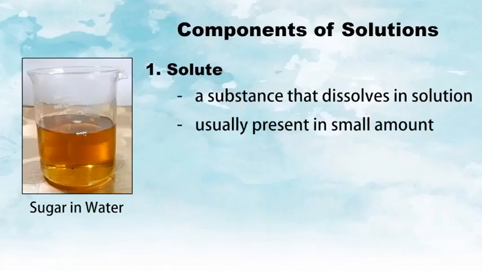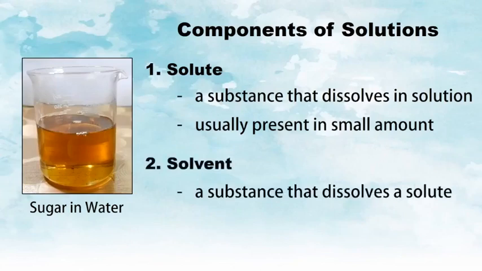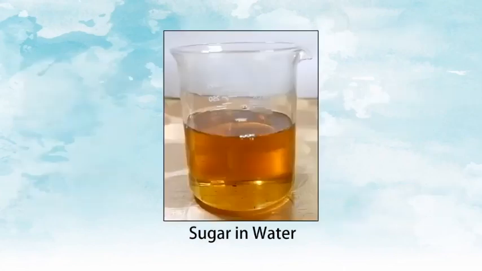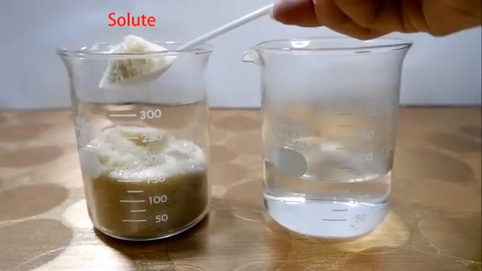Now, let's talk about the solvent. Solvent is a substance that dissolves a solute. It is usually present in greater amount. The solvent in this solution is water because water dissolves sugar and is usually present in greater amounts. Between solute and solvent, we will focus on the solute.